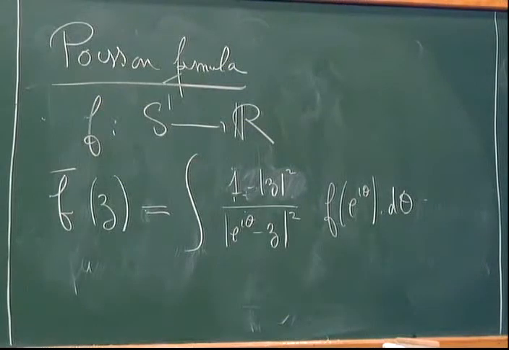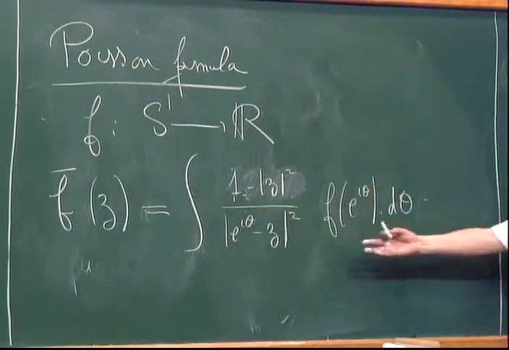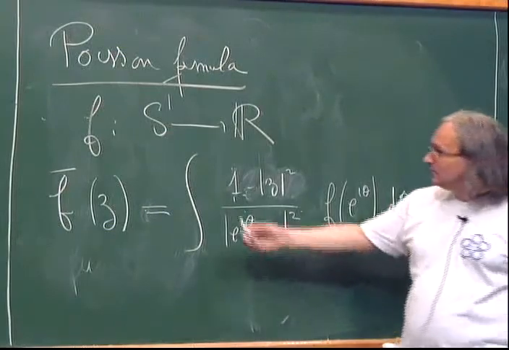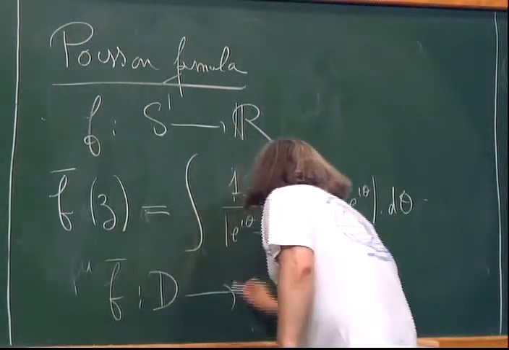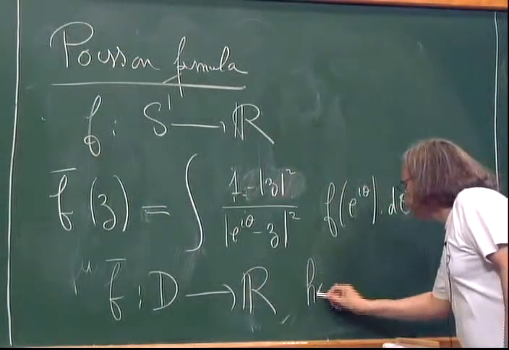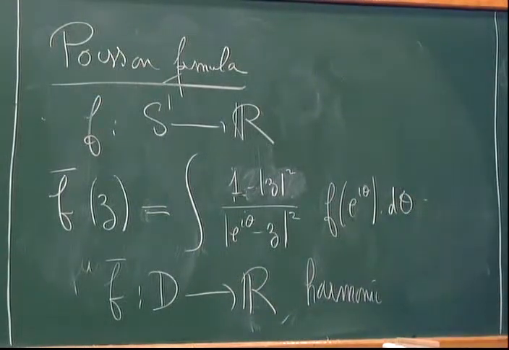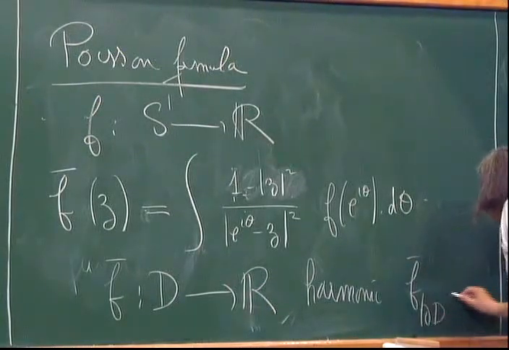And since this quantity here is just an average of harmonic functions, it's a harmonic function. So this gives a formula in which f bar is defined now on the disk, is harmonic, and its boundary value restricts to f.